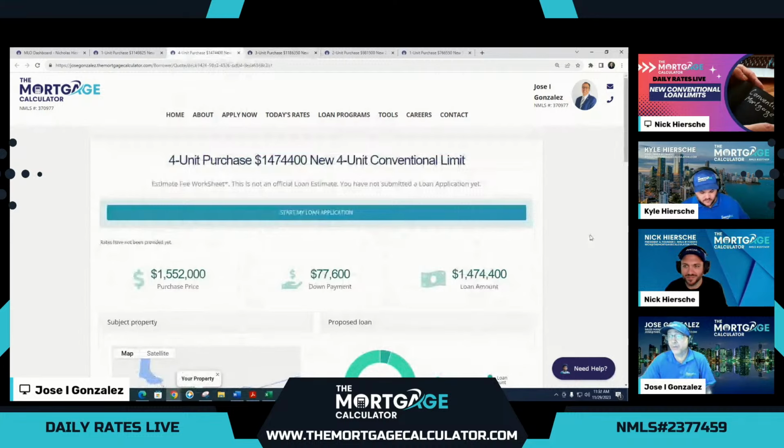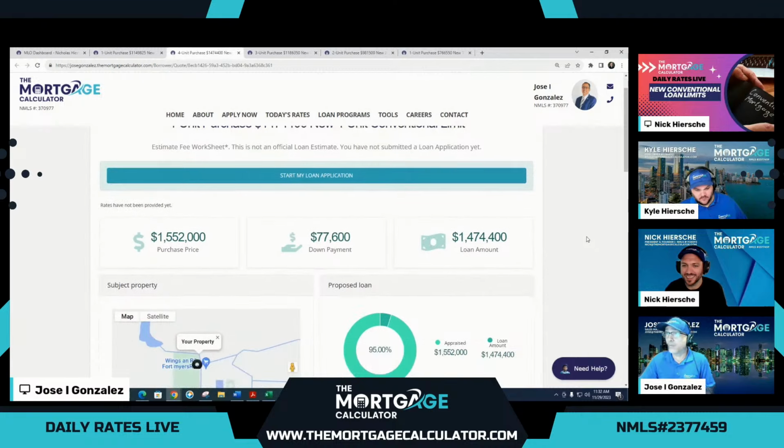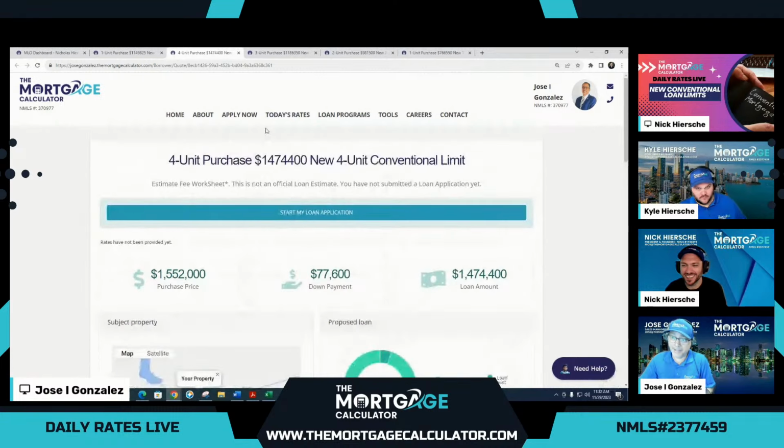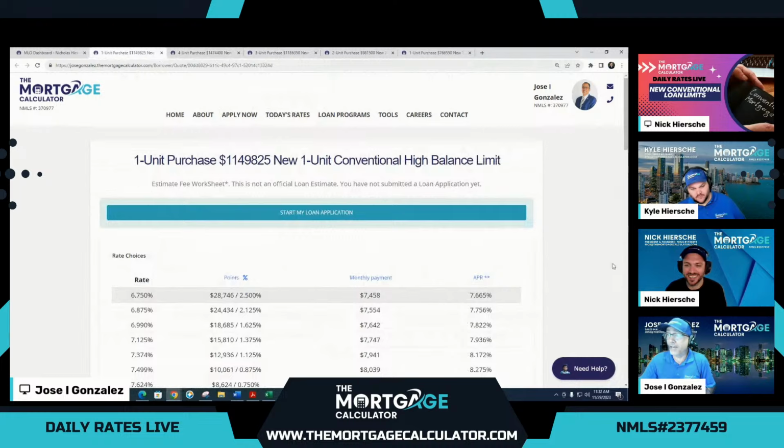So our 4 unit option here at our new $1,474,400 limit, and we don't have any rates there, darn. But I will tell you, it's the same rate as this one. And then I was able to get one to pull up. They have not programmed the 2 to 4 units yet for the high balance areas.